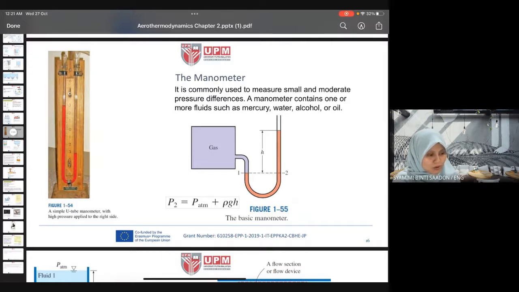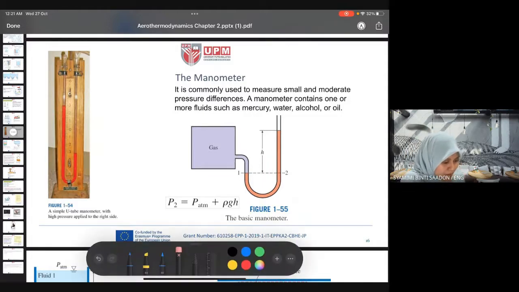A manometer contains one or more fluids such as mercury, water, alcohol, or oil. So you use another fluid inside the tube to calculate the pressure of a gas or anything. How do you measure that? The formula is here.